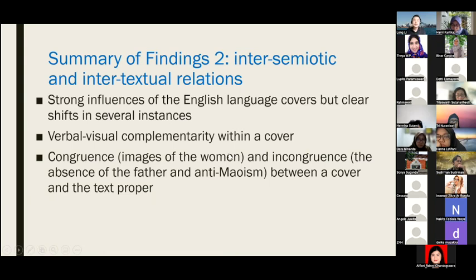We find incongruence, that is the importance of male characters such as the father and Mao have not been revealed by the front cover. So these may come as a surprise as you turn past the front cover and start reading the book. So we can say that perhaps we can partially judge these books by their covers.